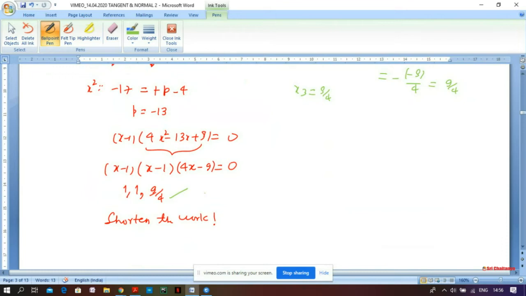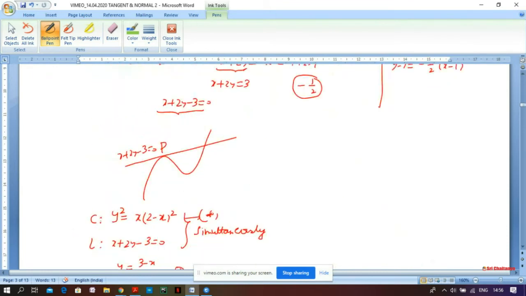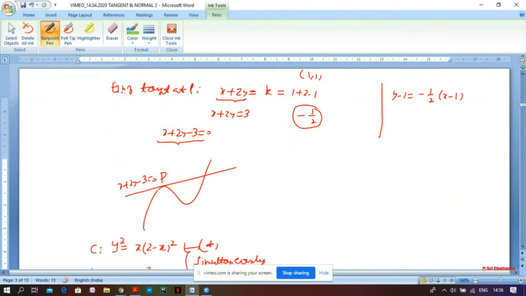So it means we know that, let's scroll up. We know that this line which touches this curve at the point P, which was 1 comma 1, and this curve was y squared is x times 2 minus x squared, which thankfully we did not have to plot. That could have taken time.